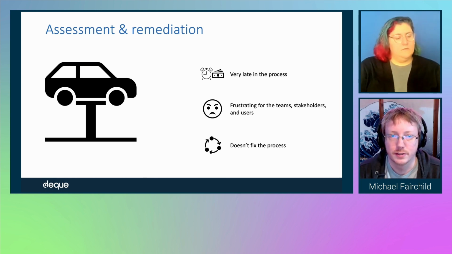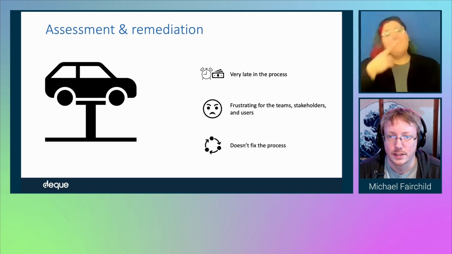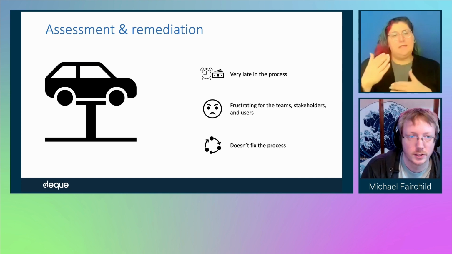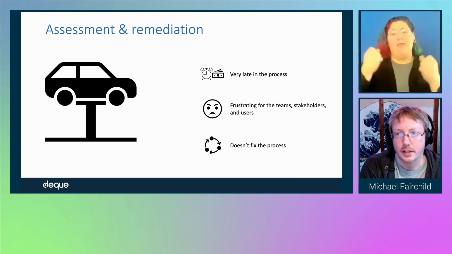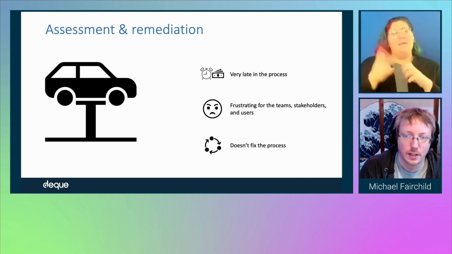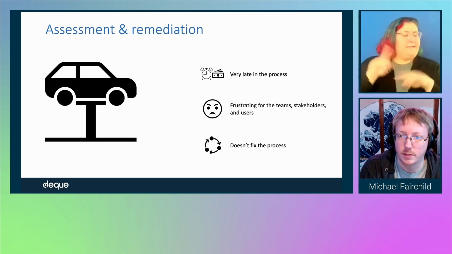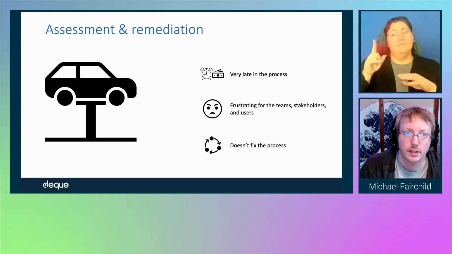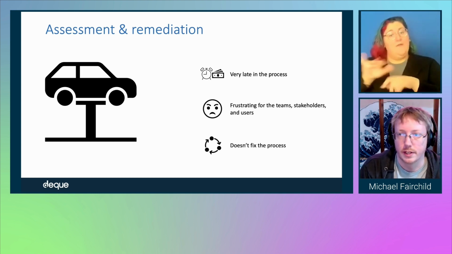And because this happens very late in the process, we end up with a lot of defects that we have to take back to the development team, possibly even to the designers, to get everything fixed. And that can be very frustrating for teams, very frustrating for the stakeholders, and most importantly, it's very frustrating for the end users.